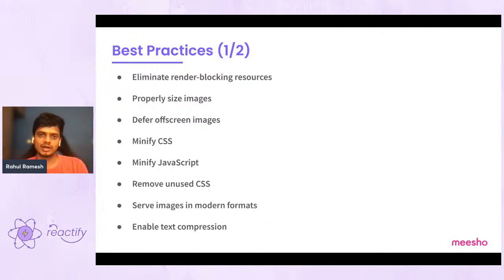This is very important for whatever you are going to go through eventually in this workshop. So defer off-screen images: any images that are not part of the ATF, you will have to make sure that you lazy render them. We'll see why that impacts in the live session that we have.